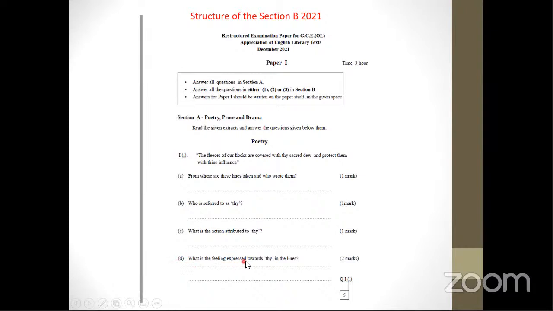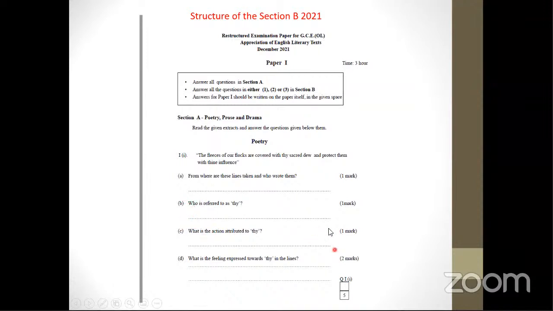D, what is the feeling expressed toward thy in the lines. So read the lines carefully: the fleece of our flocks are covered with thy sacred dew and protect them with thine influence. For A, B, C you get 1 mark each, and for D you get 2 marks.